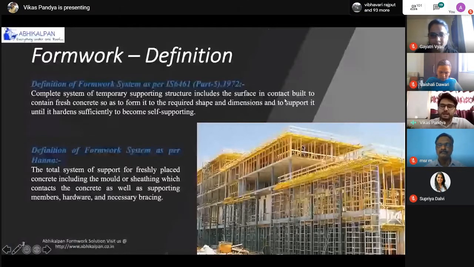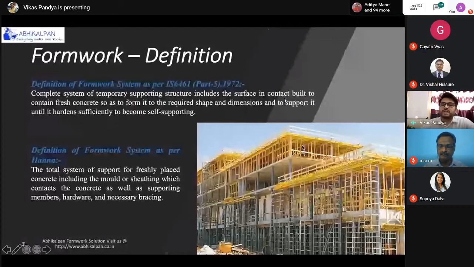As we talk about quality, formwork is totally responsible for good quality of concrete. If your formwork system is not good, then you will see honeycombing in your concrete surface. You will see some hairline cracks at the junction of two panels. If you are using a poor formwork system, then the quality of the concrete surface will be poor.